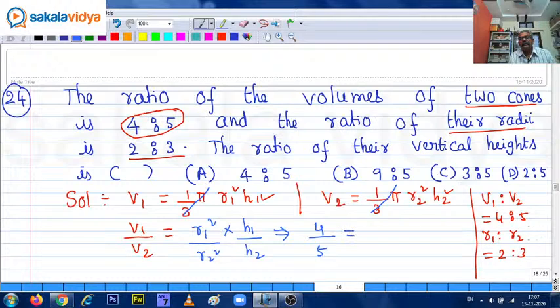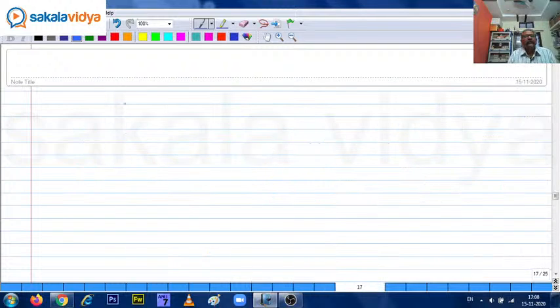R1 by R2 is equal to 2/3, so this is 2/3 whole square into H1 by H2. So 4 by 5 equals 2 by 3 whole square into h1 upon h2.